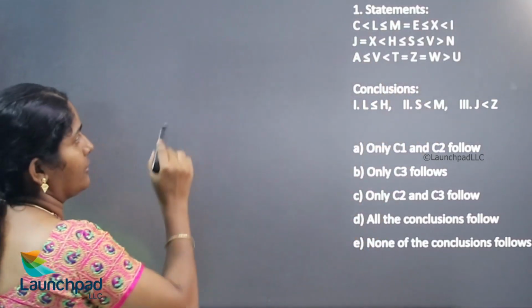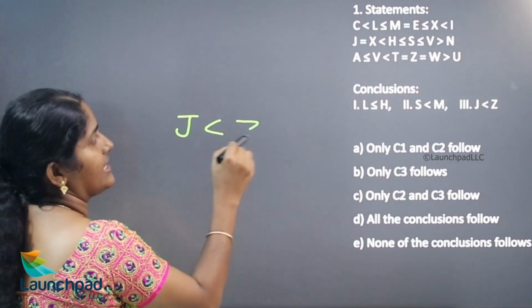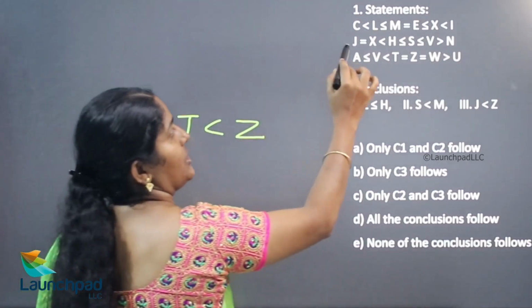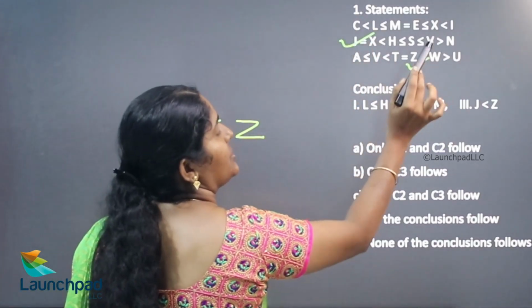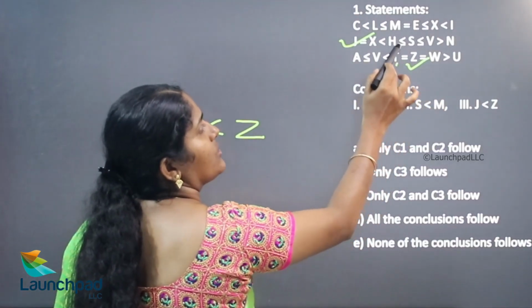And your third conclusion, J is less than Z. Where is J here? J. And where is Z here? Z is available. Which value is common?